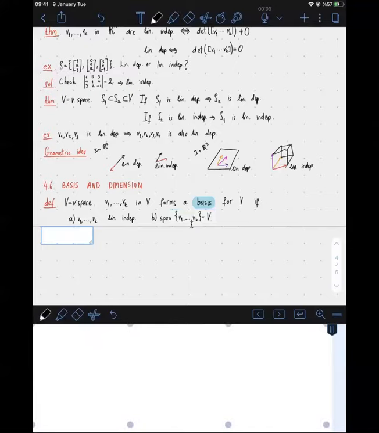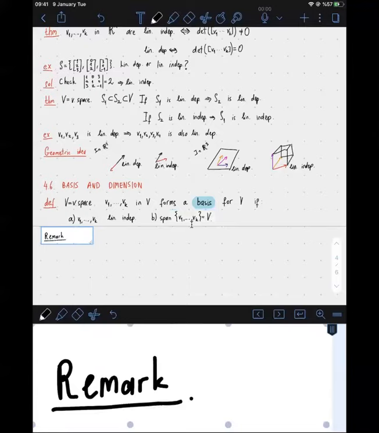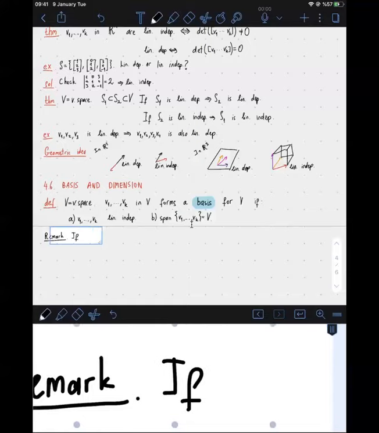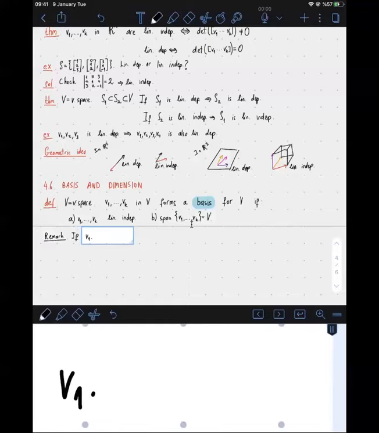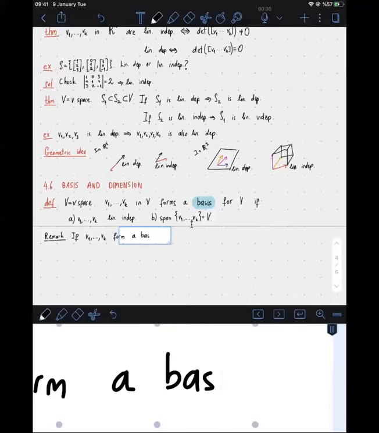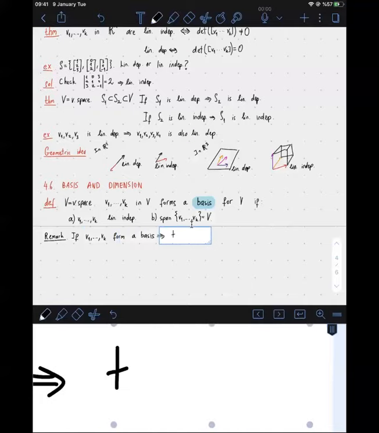Now, the first remark is this. If these k vectors form a basis, then they necessarily must be distinct.